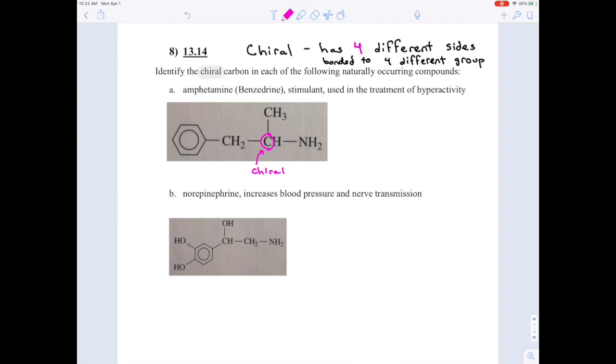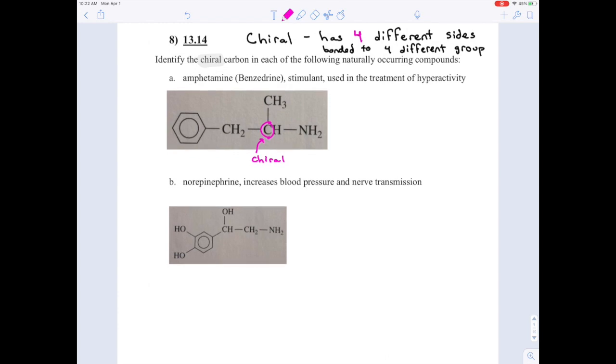They just need to be bonded to 4 different things. If you really wanted to check, you could see that the nitrogen here is not chiral, because it has only 2 different groups that it's bonded to, this big weird group on the left and then the hydrogens. But for our class, you need to just look at the carbons. So we only have that 1 chiral carbon there.